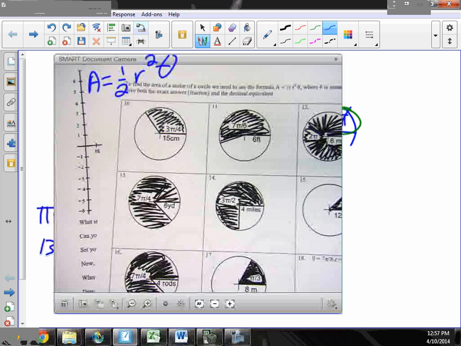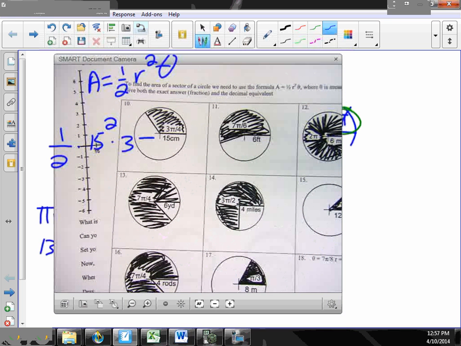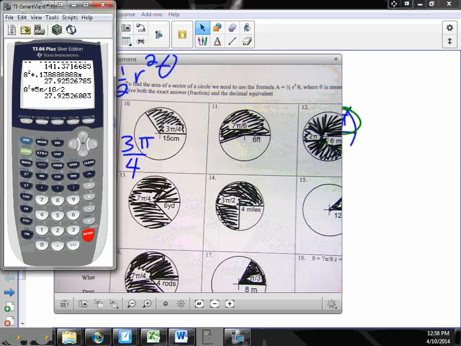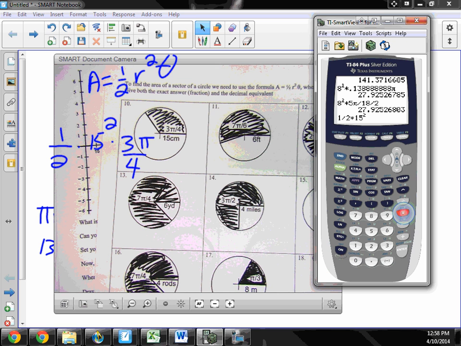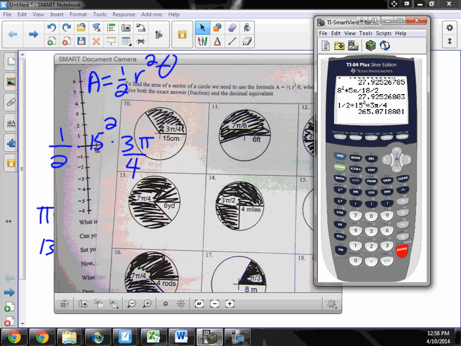I'm just going to type it all in: 1/2 times 15 squared times 3 pi over 4. You can type it in your calculator just like that. So the area of that sector is 265 centimeters squared.